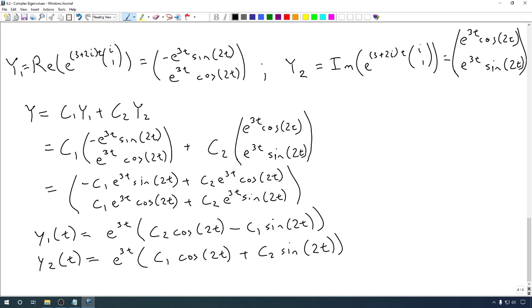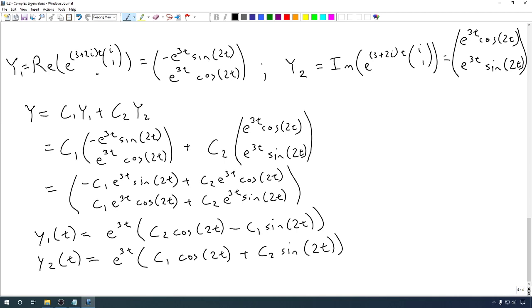Now, one final note before we end this video. For bigger systems, we may have a mix of complex and real eigenvalues. We would do the same process as we did in the first video for the real ones, and we do this process from this video for the complex ones, and then we just add them together.